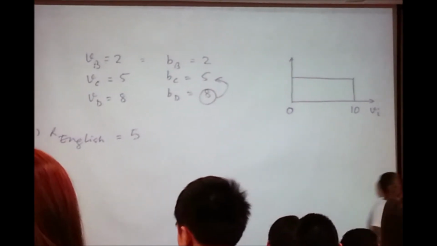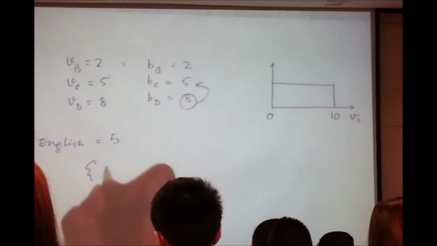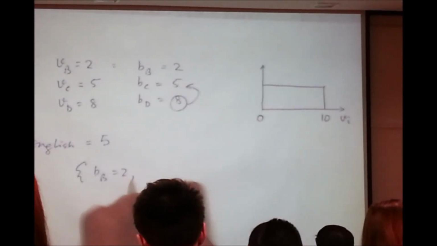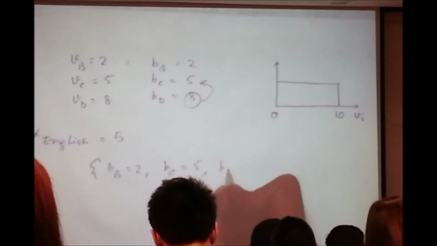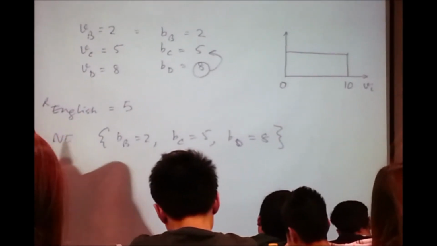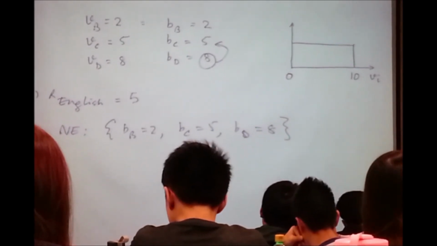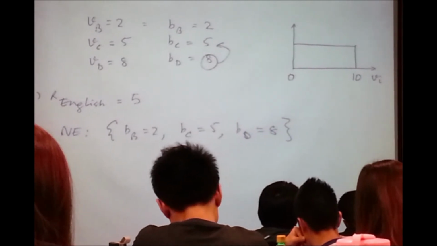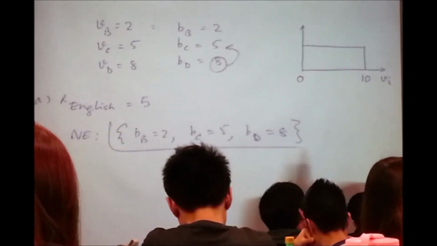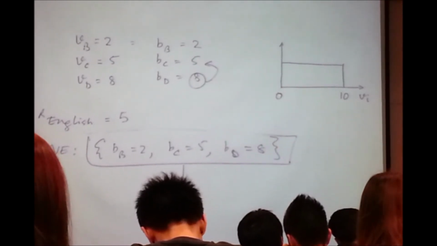And I have determined here, in a second price game, the equilibrium strategies of the players: BB is equal to 2, BC is equal to 5, BD is equal to 8. This is a Nash equilibrium set of bidding strategies. Once you have determined these equilibrium strategies, then you can comment on the equilibrium outcome.